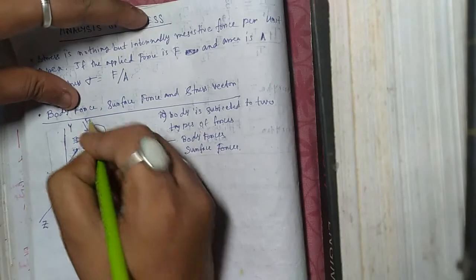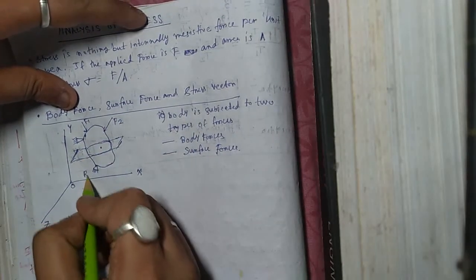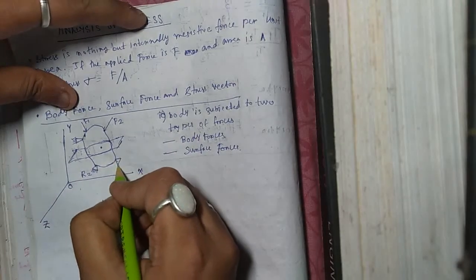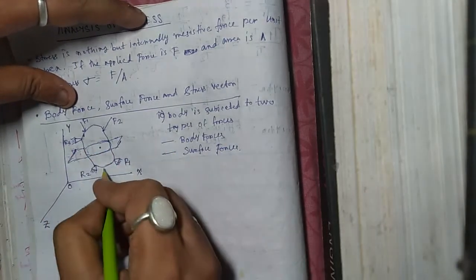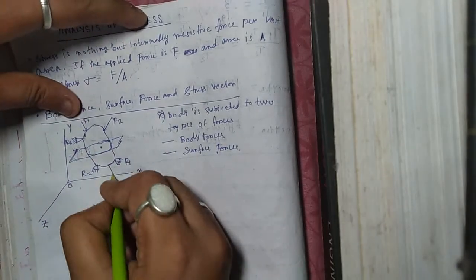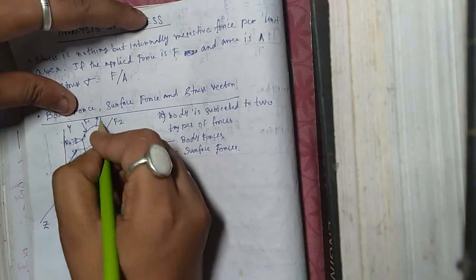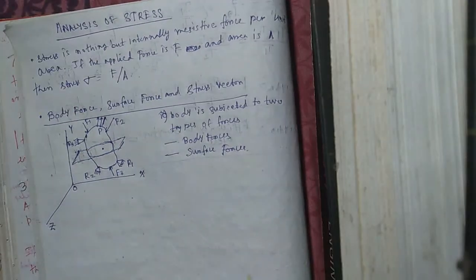These are applied forces F1, F2. This is reaction force R1, R2 and R3, and this is applied force F3, and this is internally distributed resistive force.